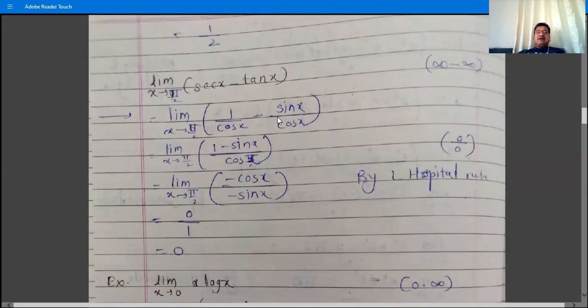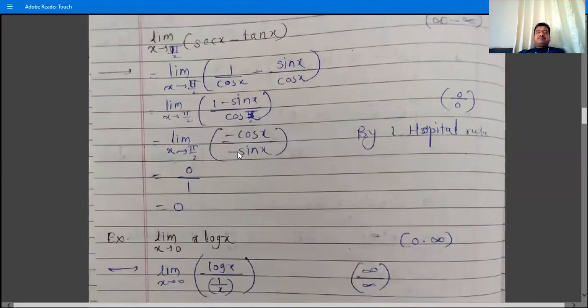So it is 1 minus sin x divided by cos x, with cos x as the LCM. Then if we substitute x as pi by 2, sin pi by 2 is 1, so 1 minus 1 is 0. So the limit of the numerator is 0, and cos pi by 2 is 0. So we have the 0 by 0 form.